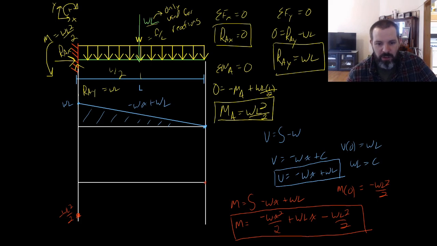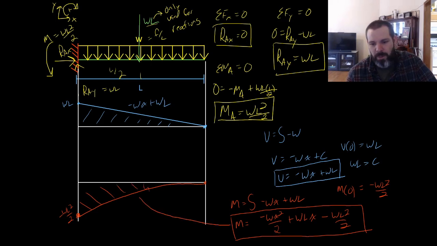So we'll have a parabolic curve connecting from here to here with the equation of minus Wx squared over 2 plus WLx minus WL squared. But again, shear is the integral of the negative load function. Moment is the integral of shear. If the load function is constant, we end up with linear shear. If the shear is linear, we end up with a parabolic moment.